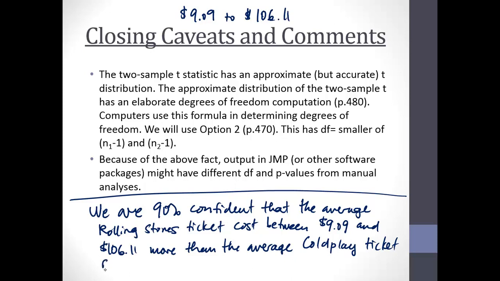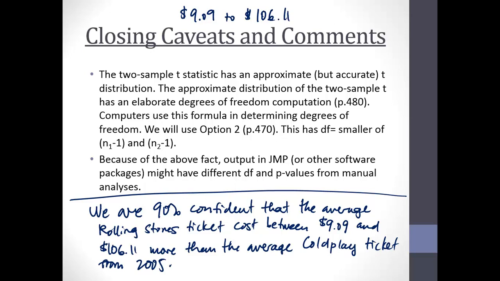And we could tack on "from 2005" there. The interpretation is a little more tricky since we have this two sample thing going on, but we're just saying exactly what that means. We're 90% confident that the average Rolling Stones ticket costs between $9 and $106 more than the average Coldplay ticket from 2005.